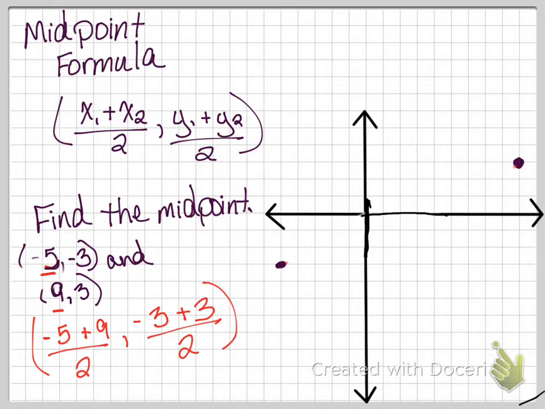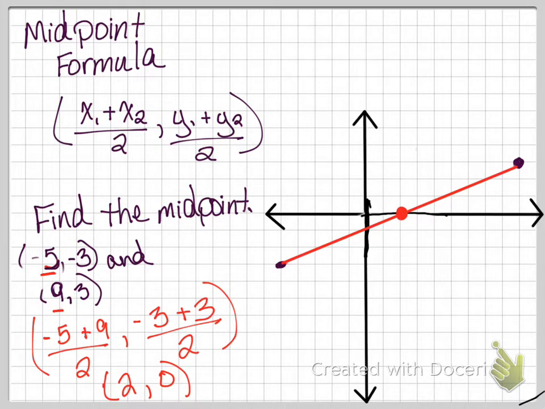What's -5 plus 9? 4. What's 4 divided by 2? 2. What's negative 3 plus 3? What's 0 divided by 2? Good. So, if I connect these two, there is my midpoint.